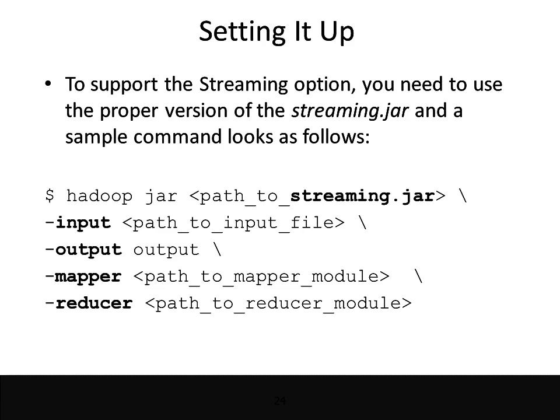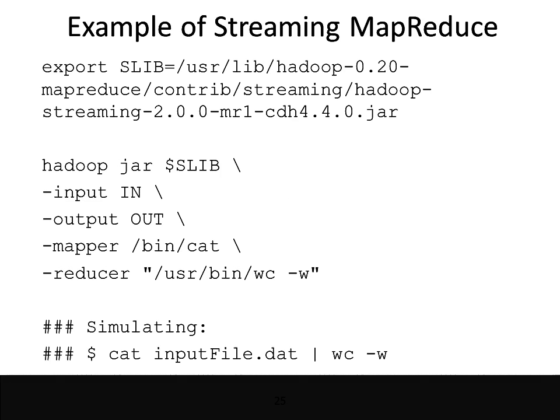It also means that a lot of the operations that I can perform, I can now implement by having this library of mappers and reducers, which I can call on in a configurable way just by changing the command line options. What can I do with this? Well, I can do pretty much anything with it. Here's a simple example. In this simple example, the mapper function is simply the cat utility.